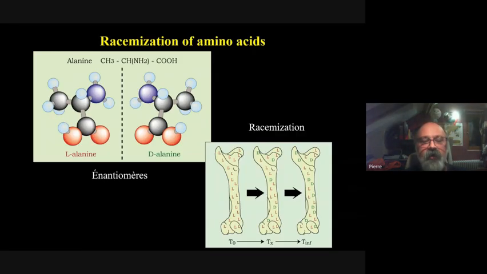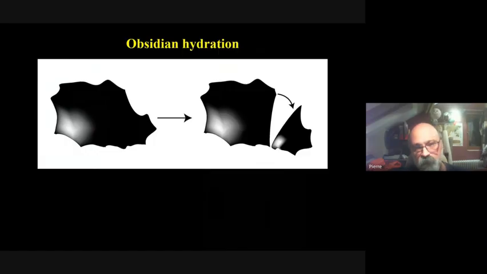And you see here, after the death of an animal, all is levogyre at the beginning, and time after time, levogyre will be replaced by dextrogyre. And if you measure how much dextrogyre and levogyre you have for one specific amino acid, it's possible to say how long ago the animal died.